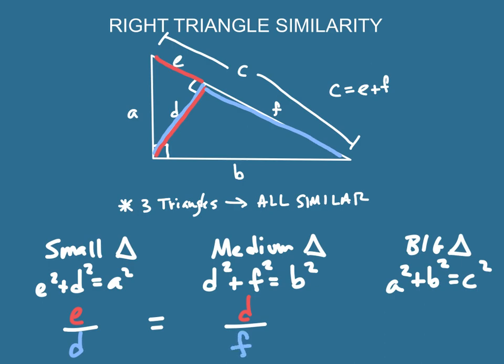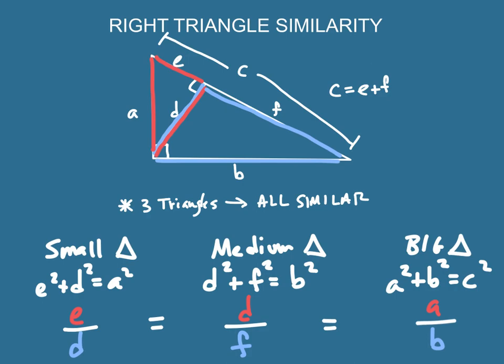And then if I wanted to set that ratio up with my big triangle, I would take my short leg, which is A, and then divide that by my long leg in this case, which is B, all right?